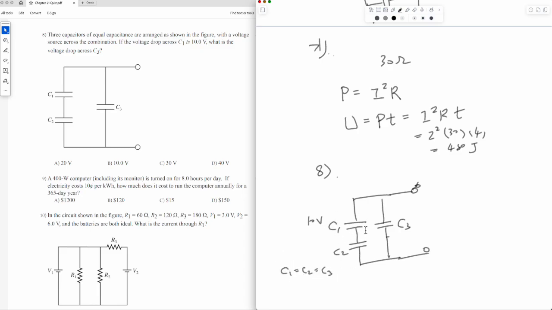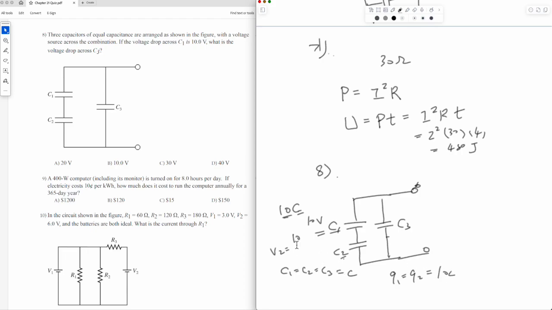If here is 10 volts, then here must be 10 volts, because the amount of charge on C1 will be 10 times C, voltage times capacitance. For V2, the charge is the same, so Q1 equals Q2 equals 10C.